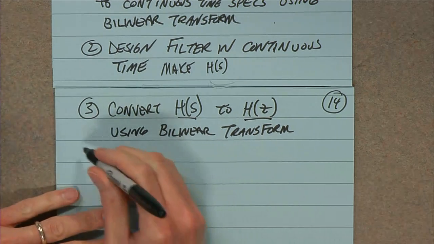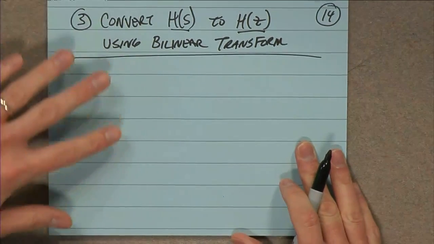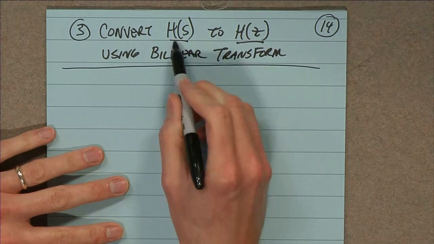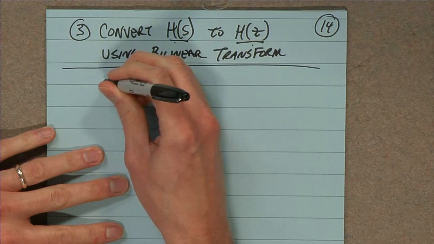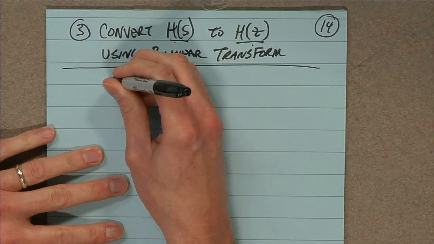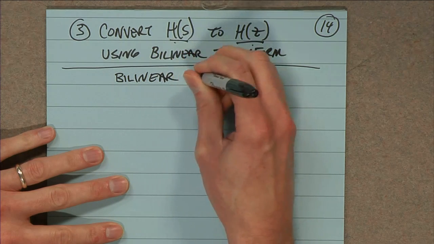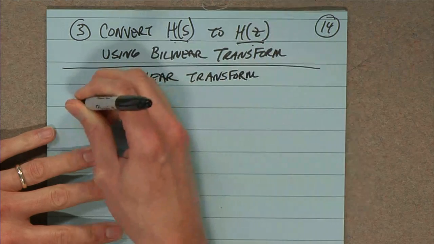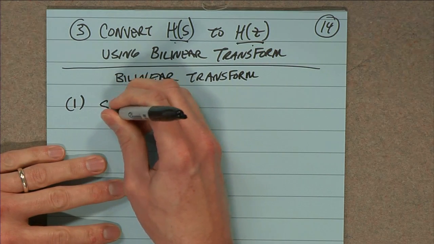So to start off, let's introduce one of the transforms that we're going to need. This is the transform used when we're going from h of s to h of z. I'll say this is the bilinear transform. We'll call it equation 1.